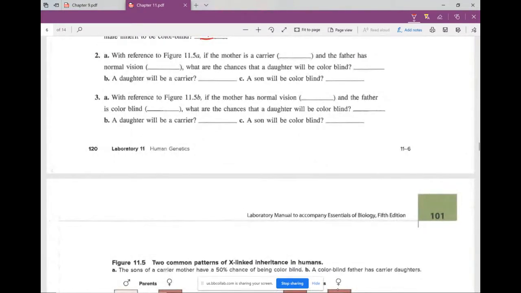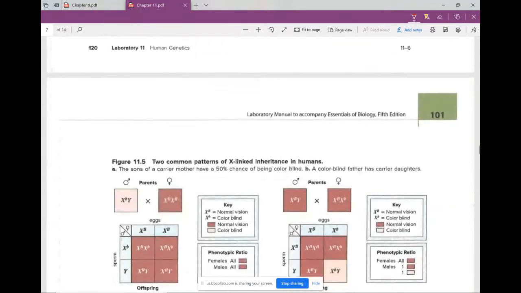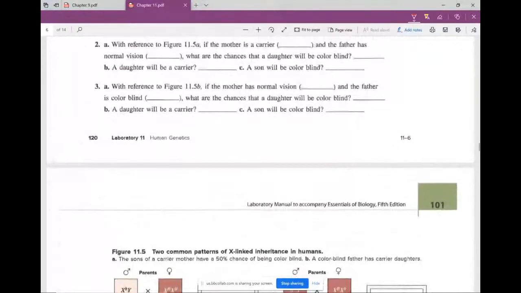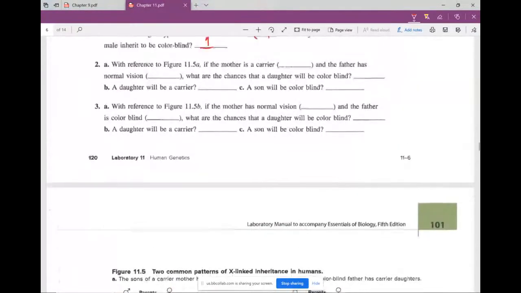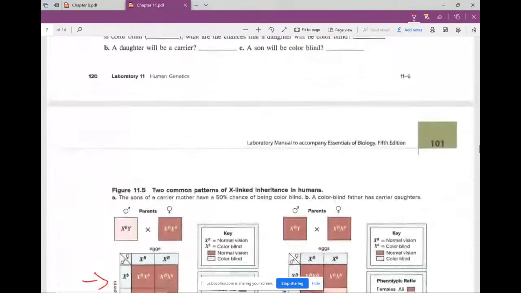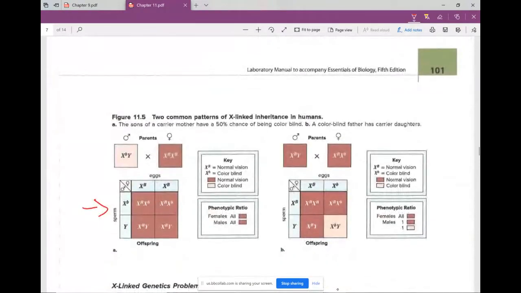All right, with reference to figure 11.5a, that's this, right? If the mother is a carrier, so that means she's like this, and the father has normal vision, what are the chances that a daughter will be colorblind? Here are the daughters.